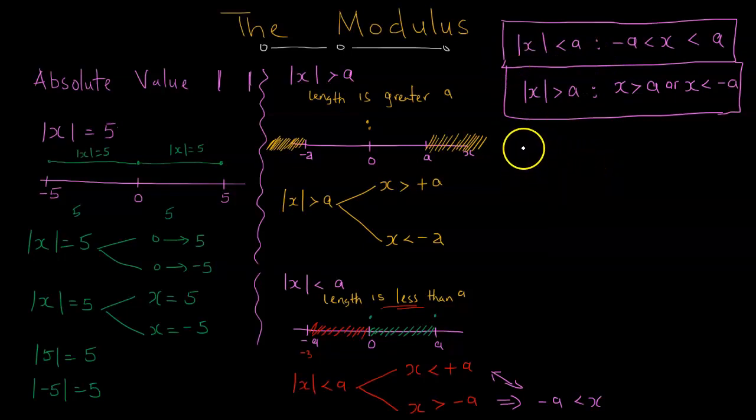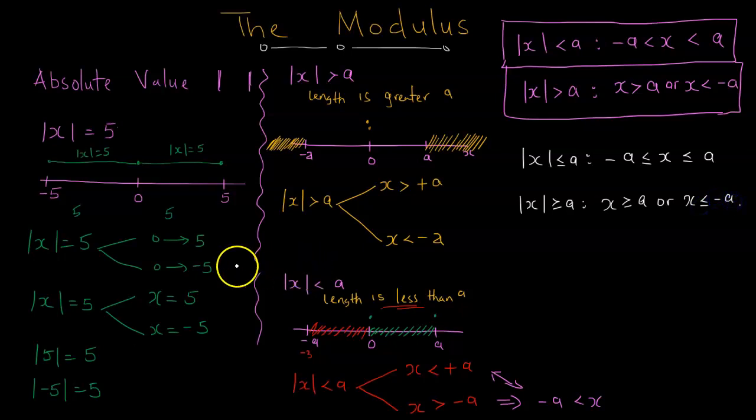So for example, the absolute value of x less or equal to A is just going to be negative A less or equal to x less or equal to positive A. And also, if the absolute value of x is greater than or equal to A, what it means is that x is greater than or equal to A, or x is less than or equal to negative A.